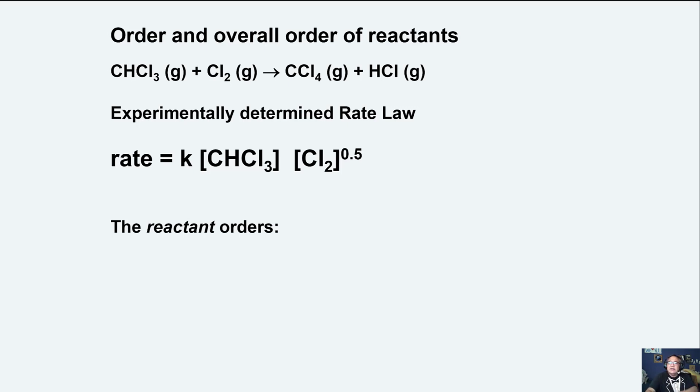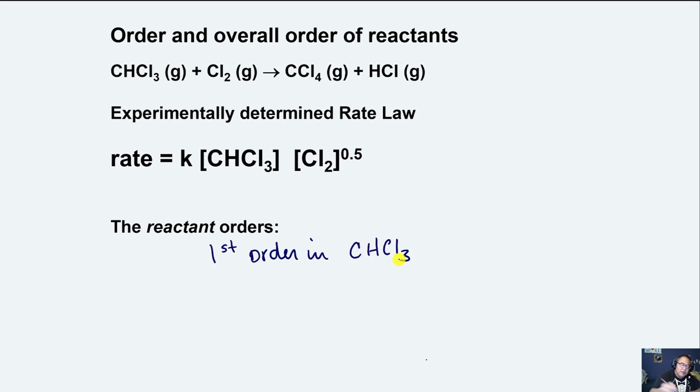So if I have this reaction that's here, oh sorry, pointing at the wrong screen. The reaction that's here, and we have an experimentally determined rate law, the reactant orders are first order and half order. Okay, so reactant orders are first order in CHCl3.